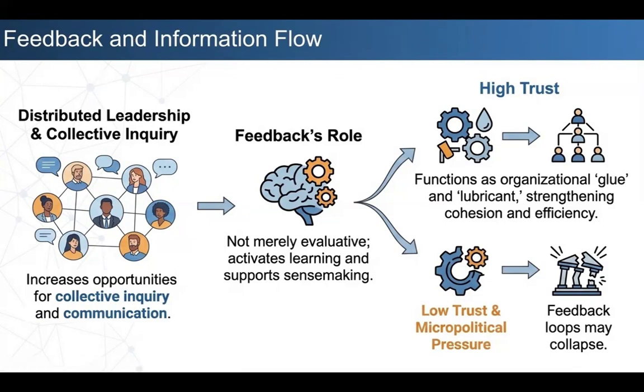And then low trust and micropolitical pressure, and then your feedback loops may collapse. So again, if you don't have that feedback and that information flow, on the bottom is what you get. But if you provide those feedbacks and the information flow, you get the high trust and you get that glue, you get that cohesiveness that really makes the distributed leadership function well.